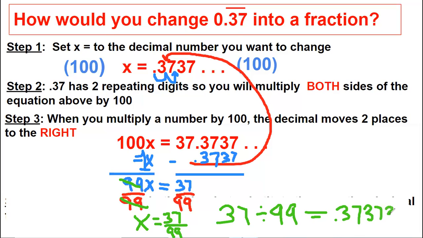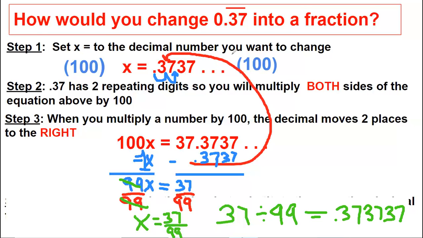And your calculator is just going to keep going until it has no more spots on the display, and then it's probably going to just cut it off at a certain point, even though we know that it repeats forever and ever. So notice how we have made 37/99 the equivalent fraction to 0.37 repeating.